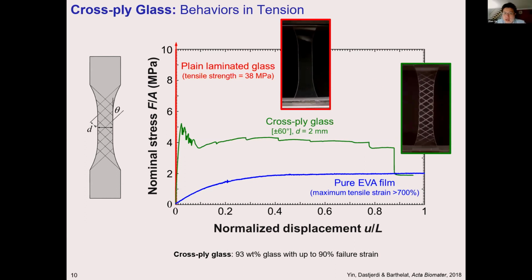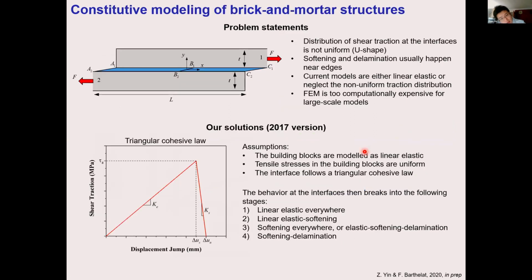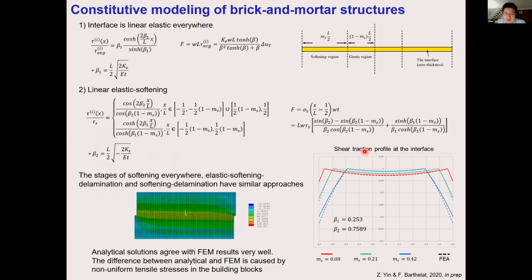Yeah, we actually built some analytical models as well as finite element models to give us directions. This is a model I built before to predict the stress distribution on each overlap, and to give design guidelines, for example on the relative aspect ratios and the overlap size of the building blocks.